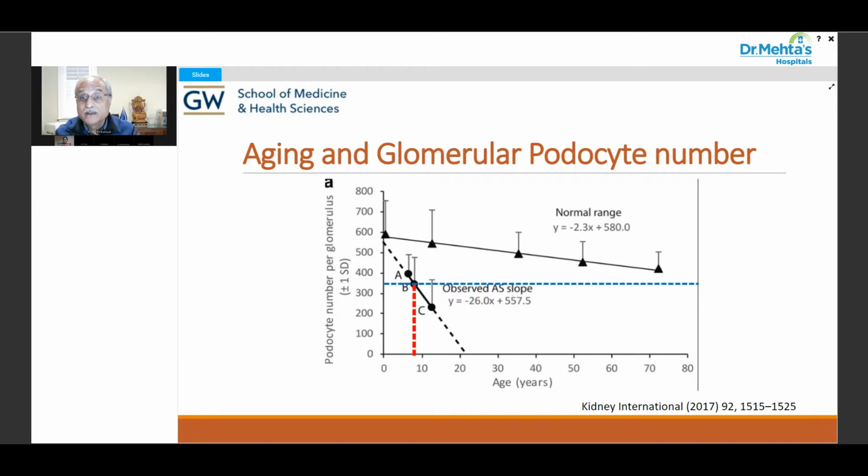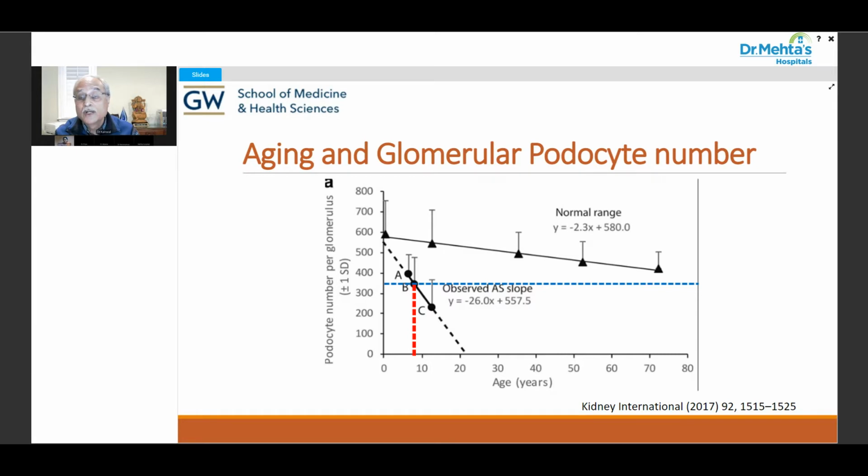But the decline in the number of podocytes on a yearly basis was 26 podocytes per glomerulus per year, which is about 11 times higher than this, suggesting, therefore, that these patients reach a level of podocyte depletion at around 8 or 9 years. And from that point onwards, the decline is very progressive.